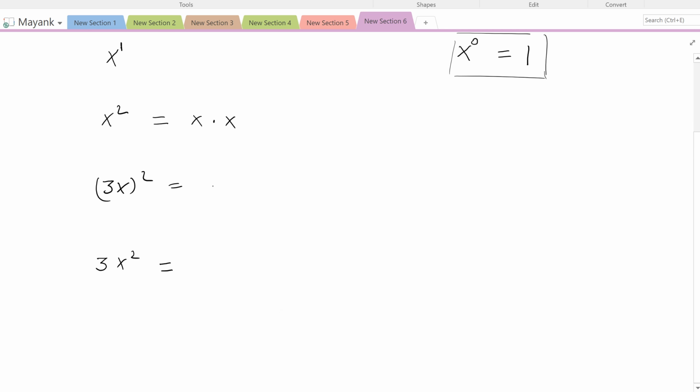The whole squared is 3 squared x squared. And here we have a power, but that is only acting on the x. There's no influence on the 3. The 3's power is still 1, but this 2 distributes on both of them.